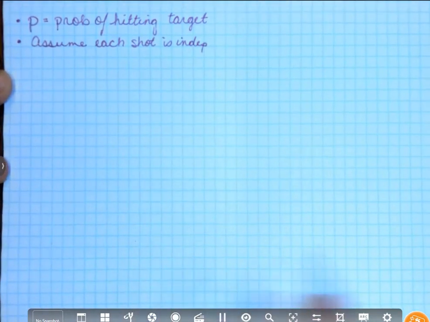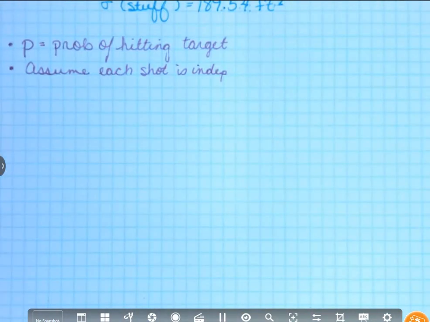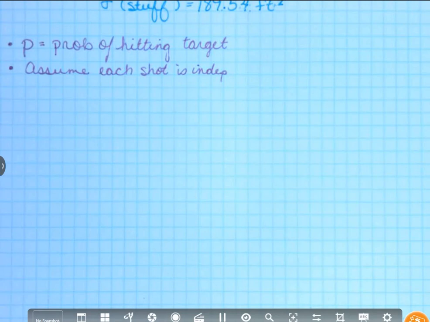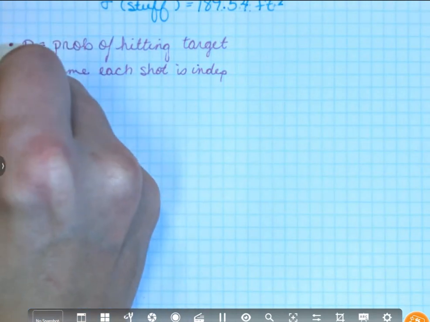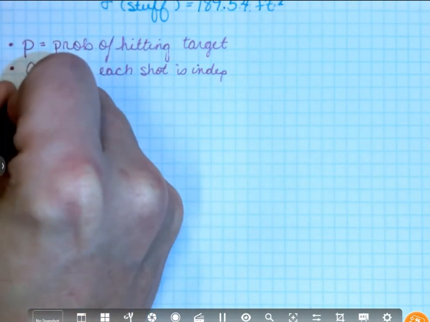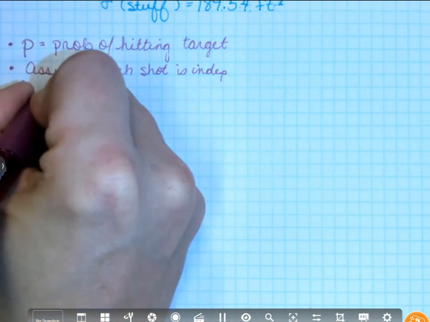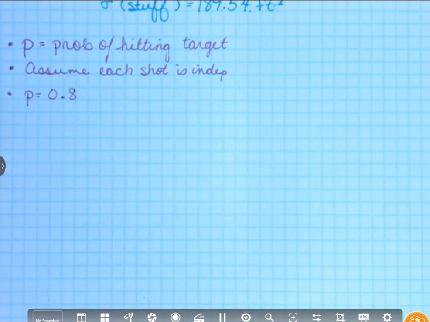Even if it said that in the paragraph, which it did, it said assume each shot is independent of the others. You must write that down. That is not optional. And then we define what that probability was. And if you didn't catch that before, the probability of hitting a target was 0.8.